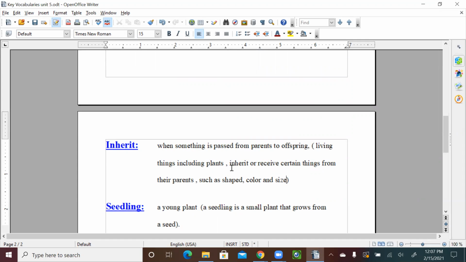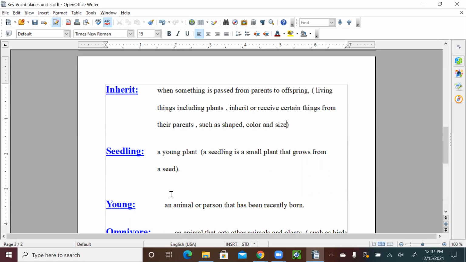Living things, including plants, inherit or receive certain things from their parents, such as shape, colors, and size. So we say, this child inherited his dad's hair color. He took the same hair color as his dad. Or heights, for example, or that cat is white with a black spot on the nose, like its mom.